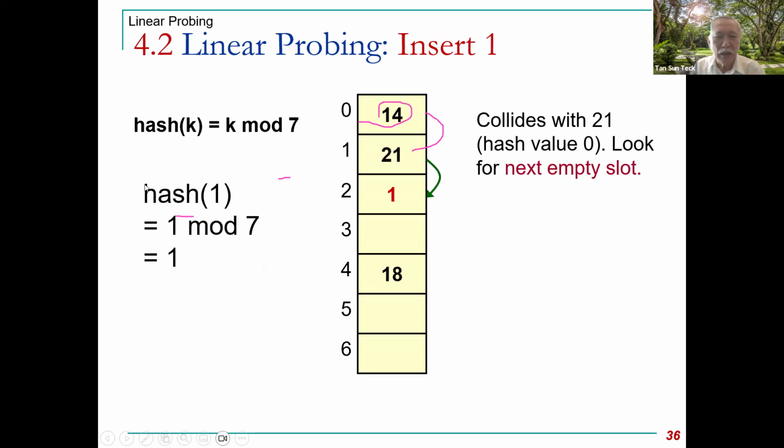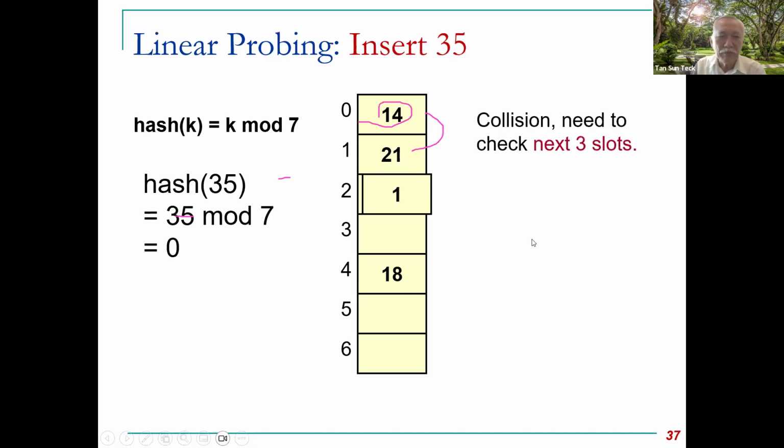Even though the home address of 21 was supposed to be 0, because of collision, it goes to 1. It occupies other people's home address. So when 1 comes, you cannot go into 1, you have to go to 2, the next empty slot. That is what we call linear probing. The idea is quite simple.